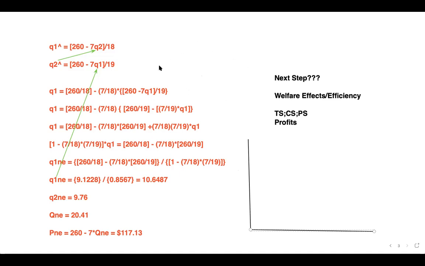So the first part is pretty easy, because if we want to talk about consumer surplus, we just look at demand. And we have a price that the consumers are going to pay. We know it's going to be $117.13 a unit.